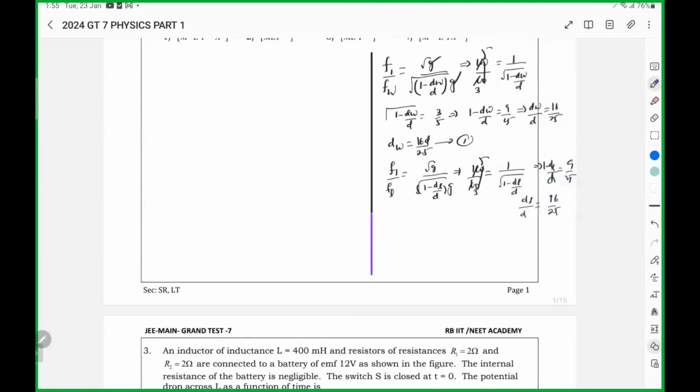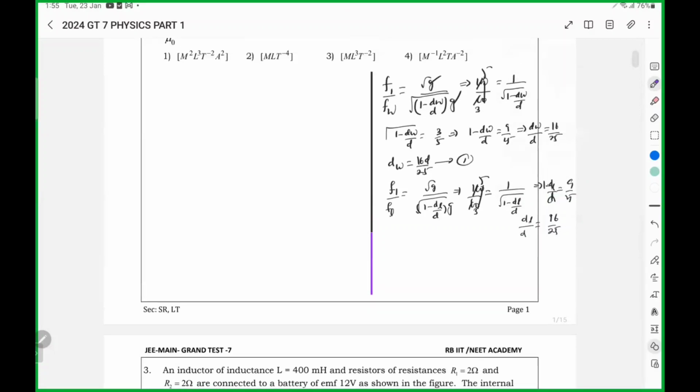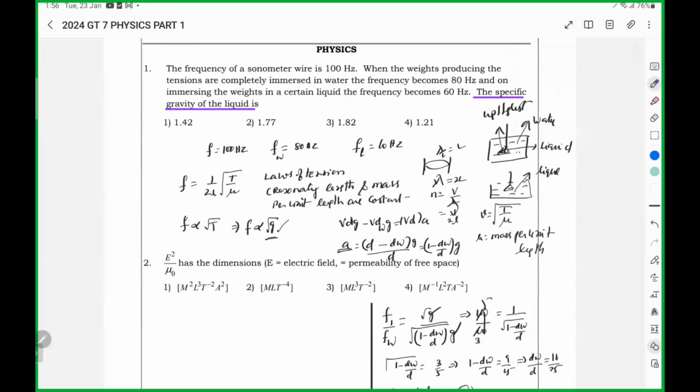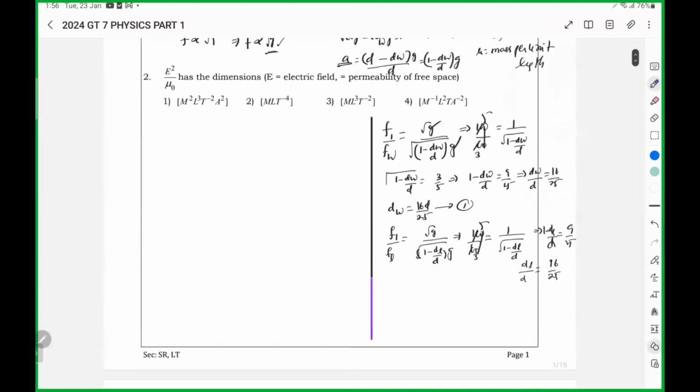So now here, the technical word he asked is specific gravity of liquid. What is the specific gravity of liquid?